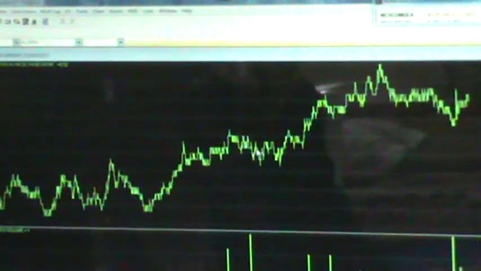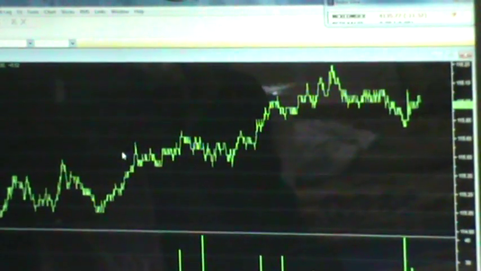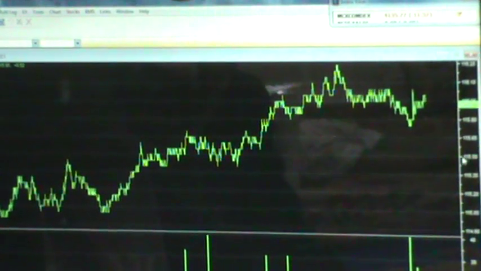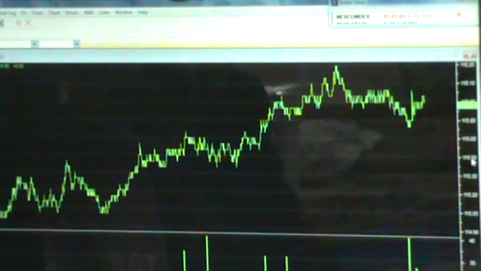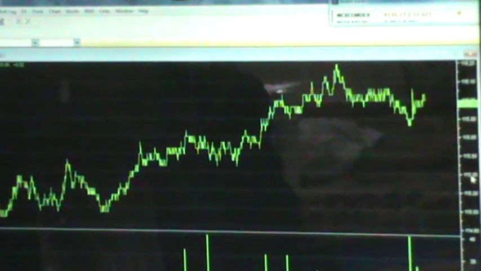Yeah, it has broken the level of 115.65, that is working like a good support S1, and 115.5 is the second support, and the most touched support is 115.35.